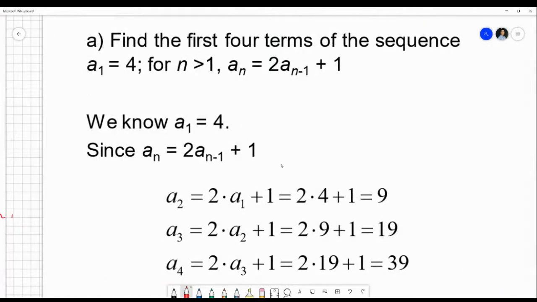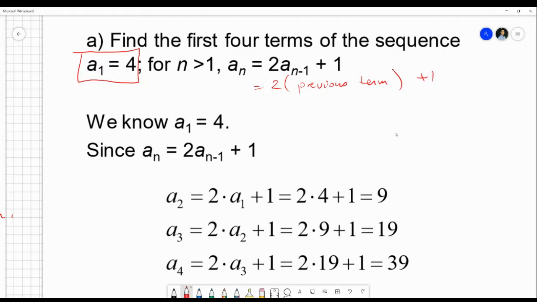Okay, it asks us to find the first four terms of the sequence, and it already gives us the first term here. a_1 is 4. All right, so now a_n is equal to 2 times a_(n-1) plus 1. Let's interpret this as 2 times the previous term plus 1.